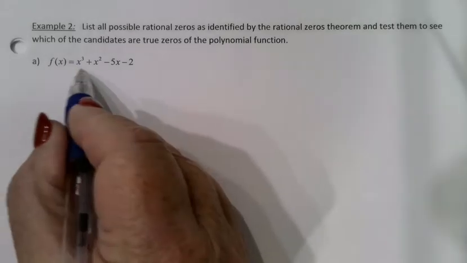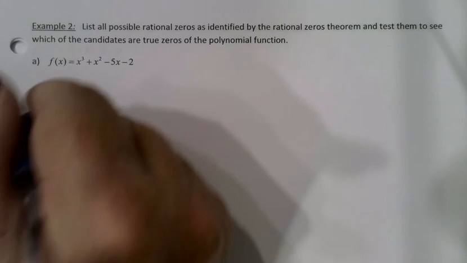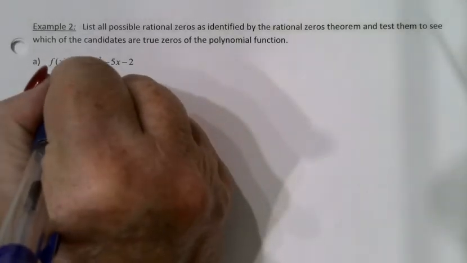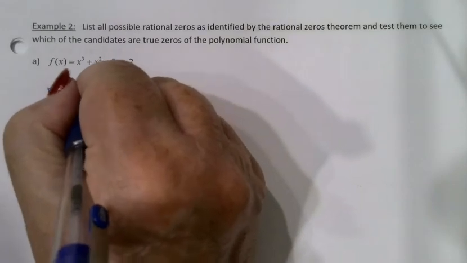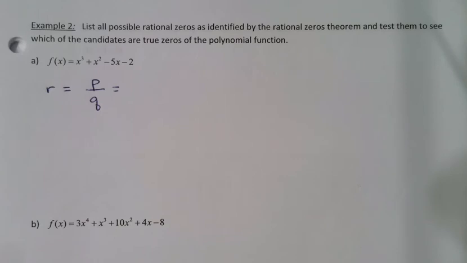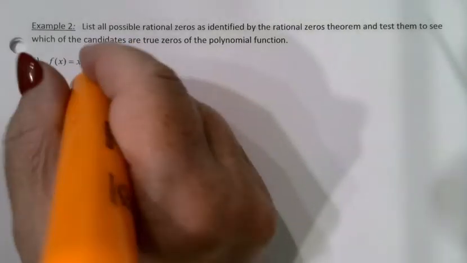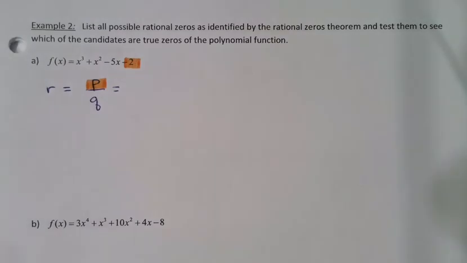So in our first case here, we have this cubic polynomial, and I'm going to say, what are the possible values of r? p over q. p has to be a factor of the constant term, the -2.